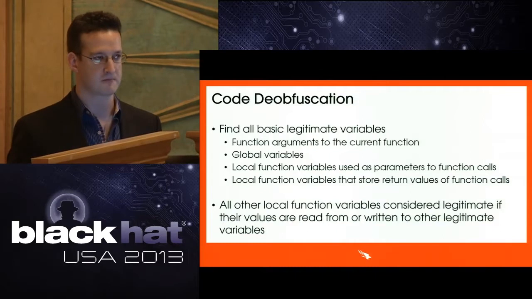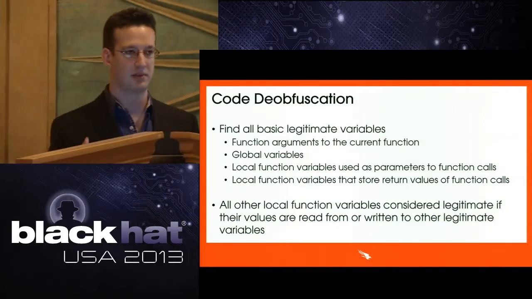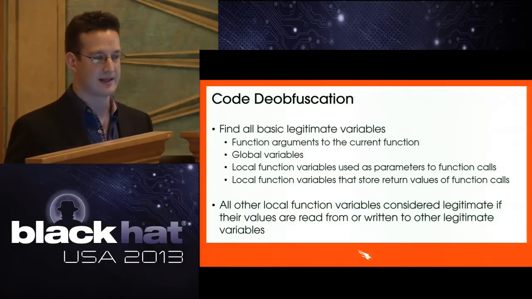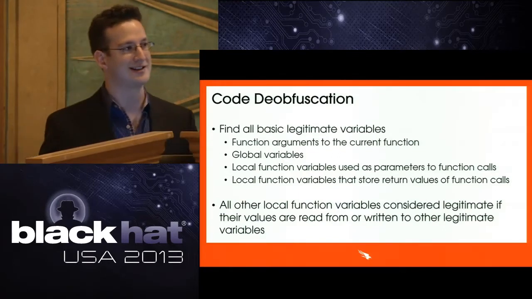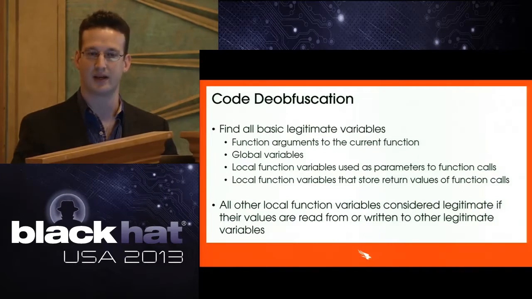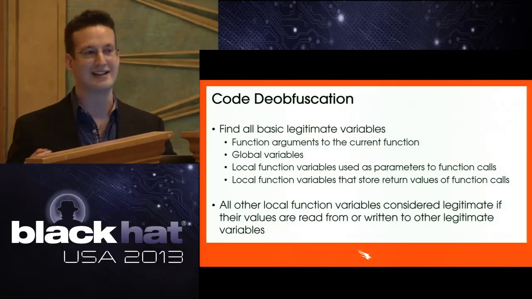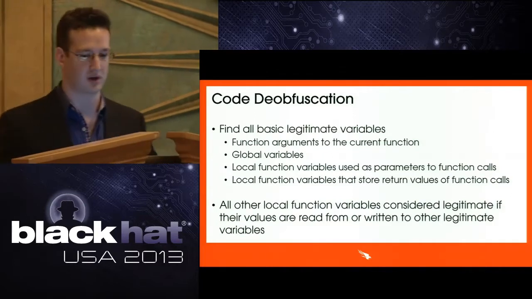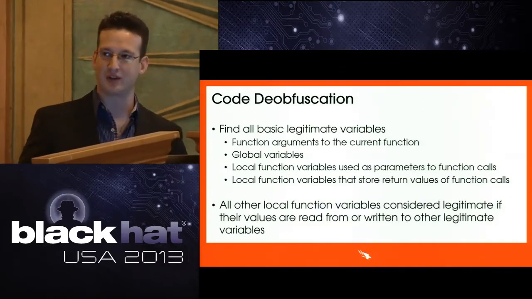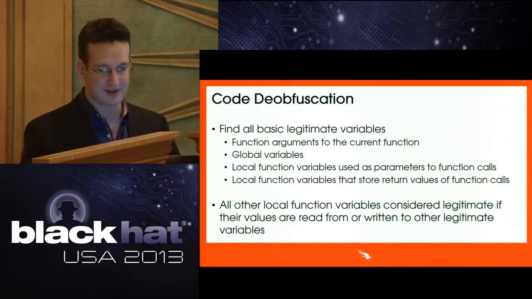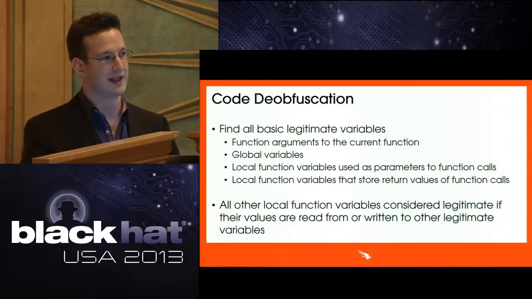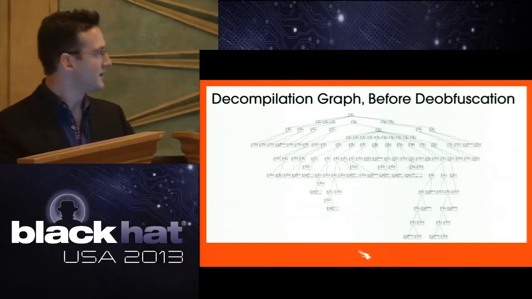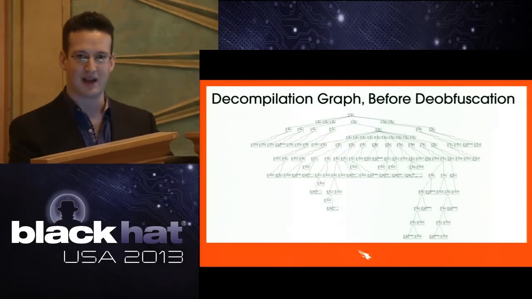After the plugin determines all these legitimate variables and all the other stack variables that are tainted by these legitimate variables, it goes through and prunes the decompilation graph to remove the junk code. I just mentioned the decompilation graph. Let's take a look and see what the decompilation graph looks like for the original decompilation. So 117 nodes.